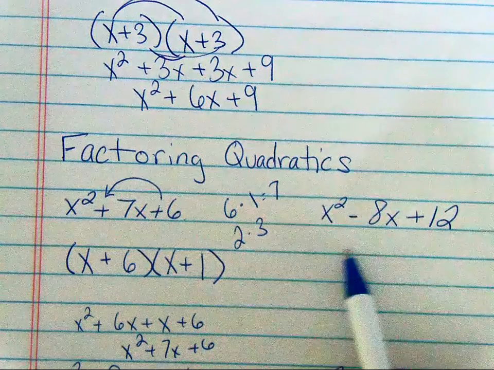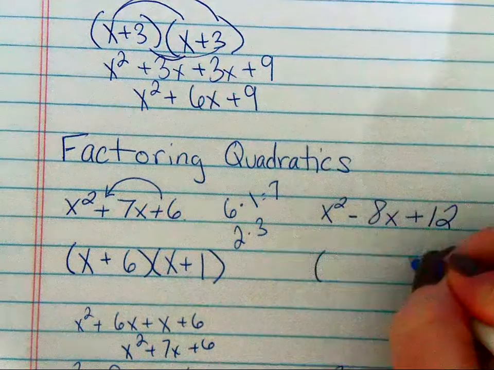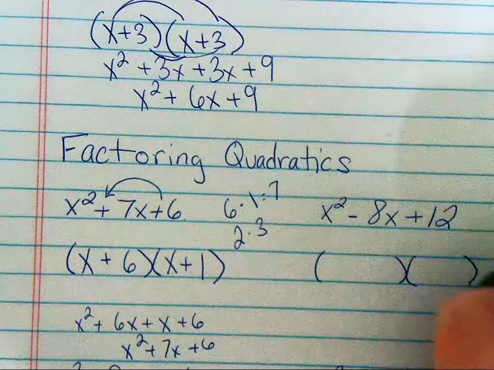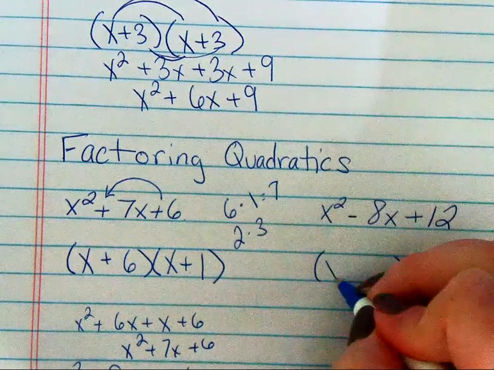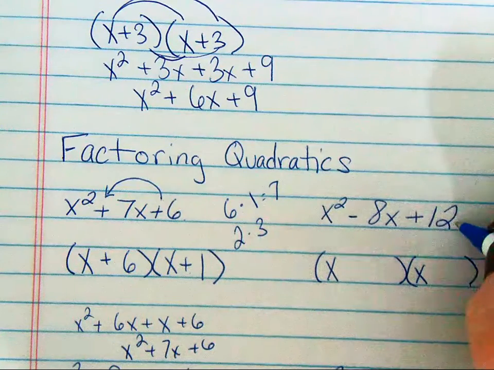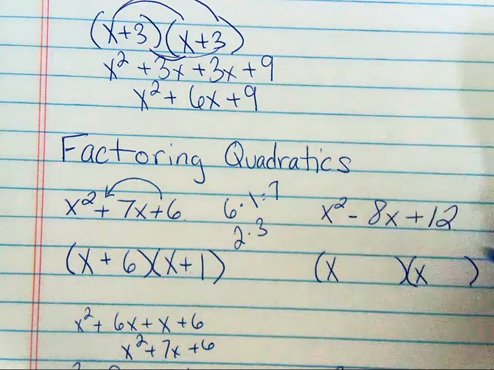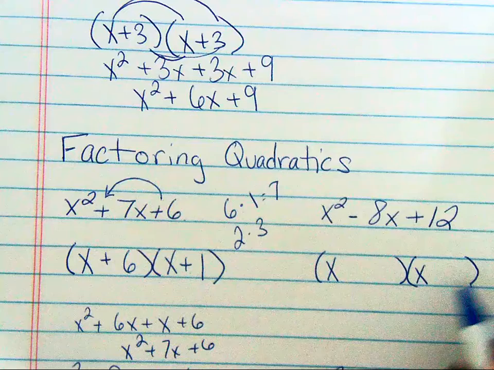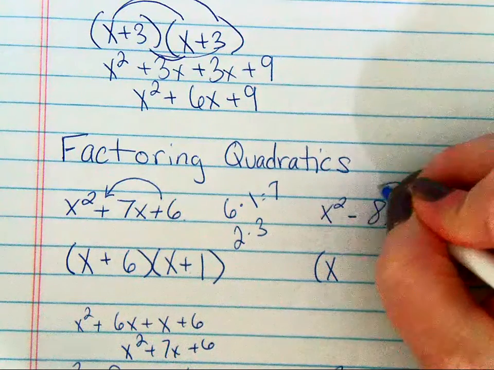Now I'm going to look here and I'm going to factor again. I make my parentheses. I break up my x. I look here, this is a plus sign, so that means my parentheses will have the same sign. They will both be a minus sign.